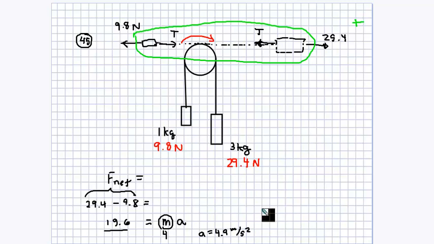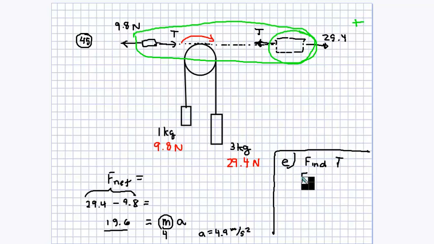And the last part of the question, part E, asks us to find the tension force. Now, the tension force is internal to the whole system, so we need to choose a smaller system. Let's see, maybe this would be a good system. Either one is good. If I choose that as my system, I can say that F net equals ma.